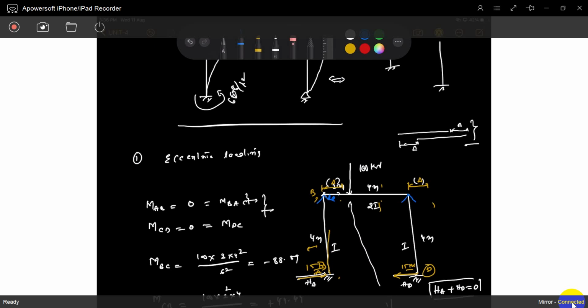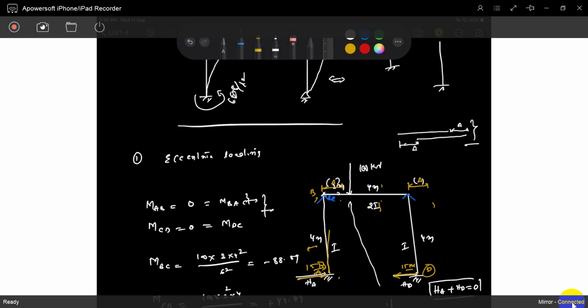Theta c is anti-clockwise. Anti-clockwise rotation. Understood? It's very small, so you have to understand. Once again, theta c is in the anti-clockwise direction, so it will come like this.